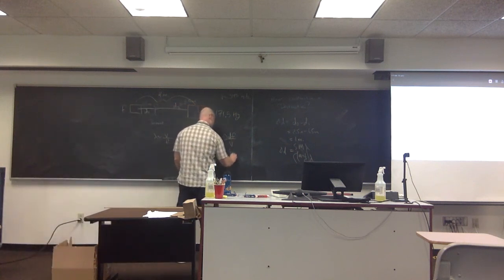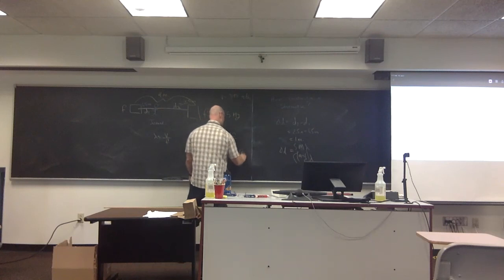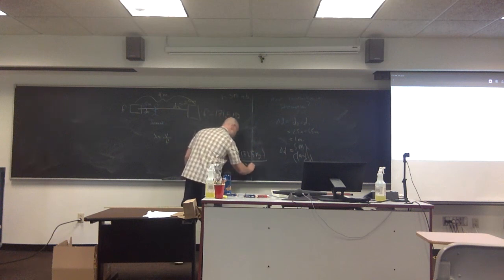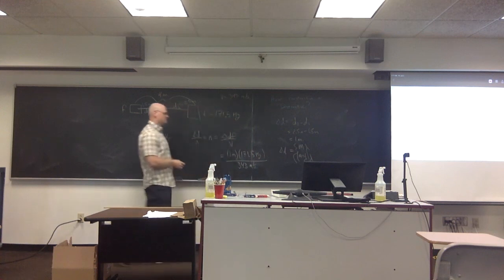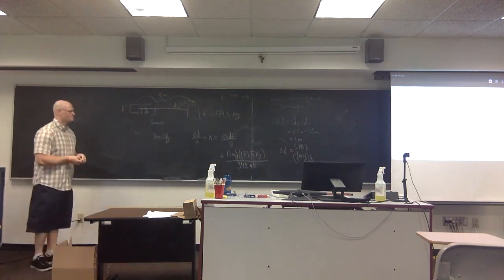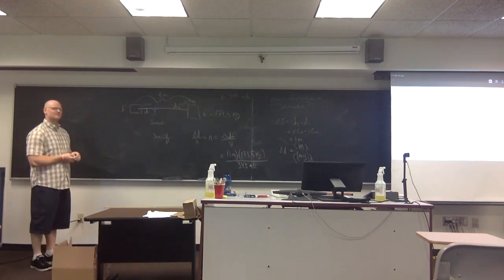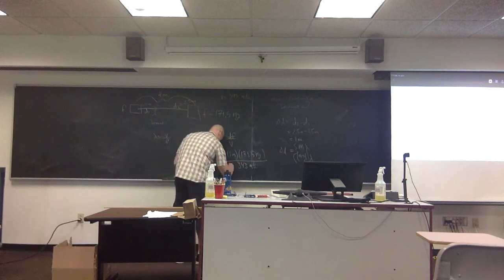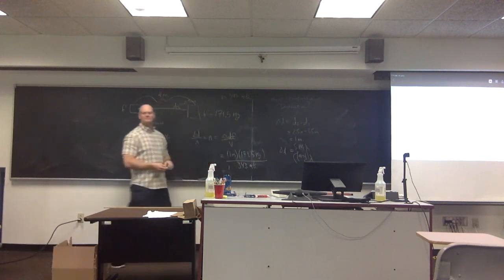So our path length difference is what? 1 meter times my frequency, which is 171.5 hertz, divided by the speed, which is 343 meters per second. Okay. Put in all that. This is simply equal to a half.